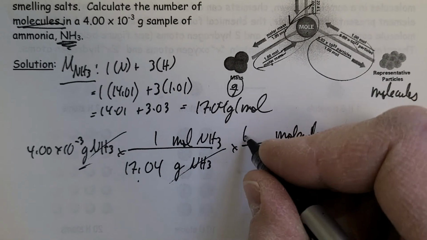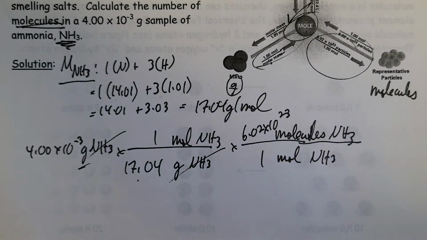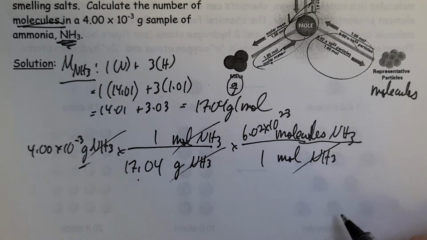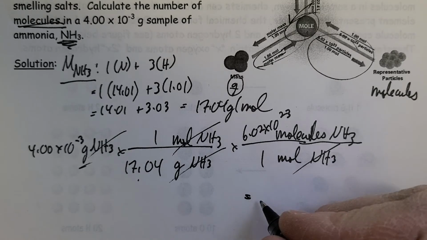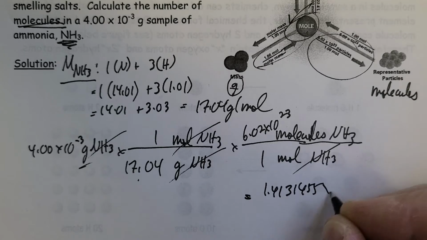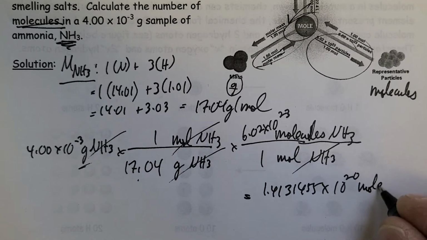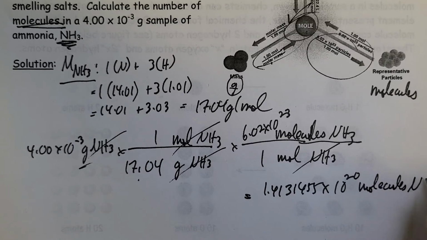So 1 mole is 6.02 times 10 to the 23rd. So again, how many things is 1 mole? It's that huge number. So that gives us 1.413145 times 10 to the 20 molecules of ammonia.